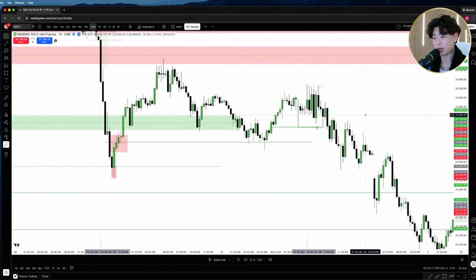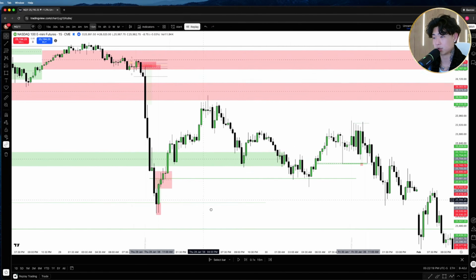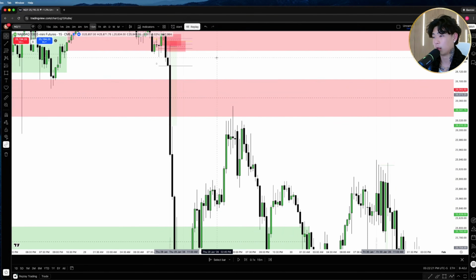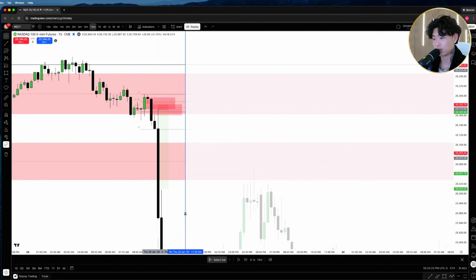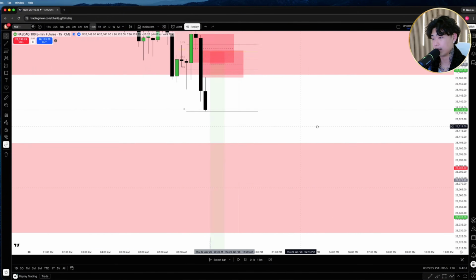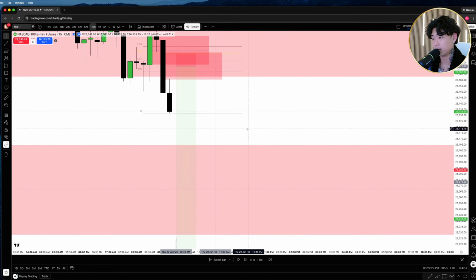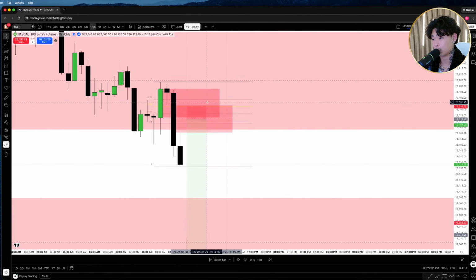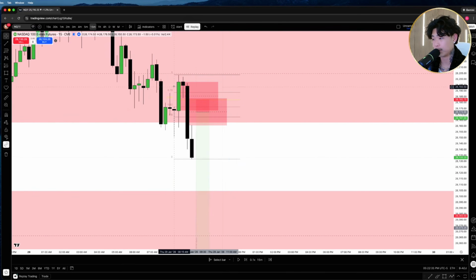So how do we apply this to our actual sessions, to actual price? Well, right here, guys, you remember this example from here. What do we have here? We had higher time frame target below. We had an order block as well as a fair value gap, two imbalances. We had bearish structure at a premium.